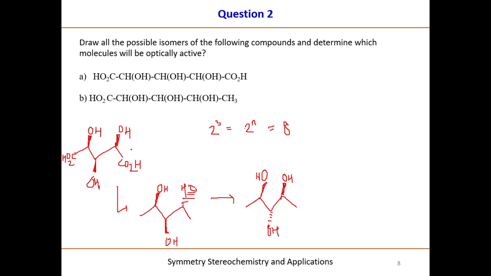If we look at the starting compound, you can see this chiral center and this chiral center have the same substituent. We will discuss that later, but here we get the possibility of the same isomer. First I am writing all the possible isomers here, then we will discuss the chirality of those isomers.